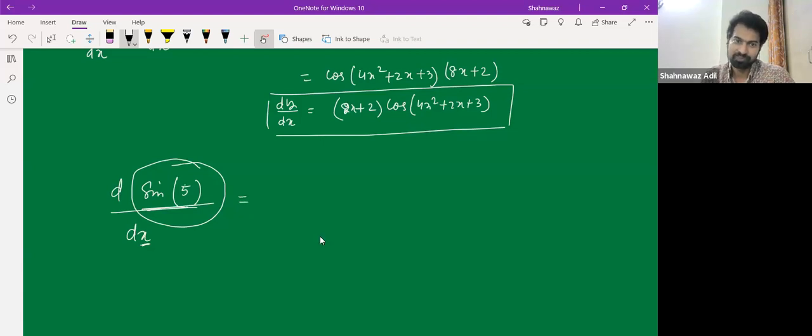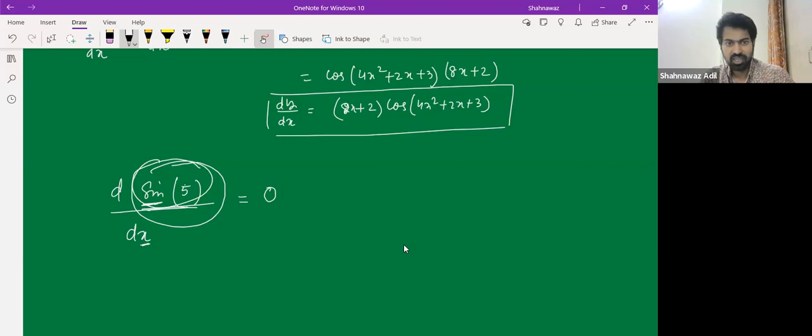Akib will tell the answer. This is a constant term, so what would be the answer? Don't get puzzled or confused with this. It would be 0 itself, right?